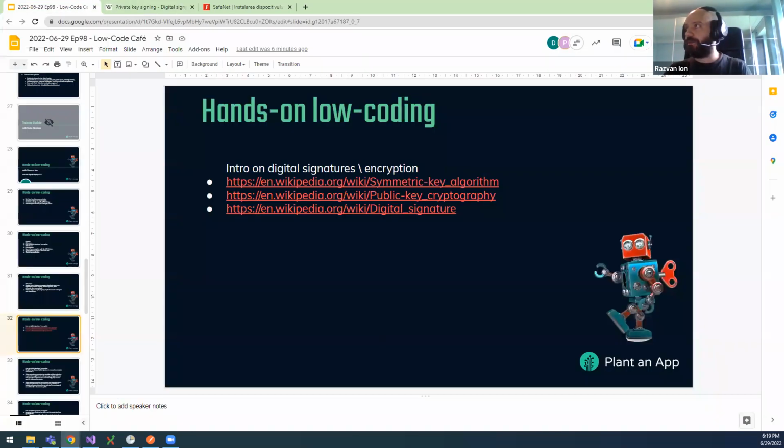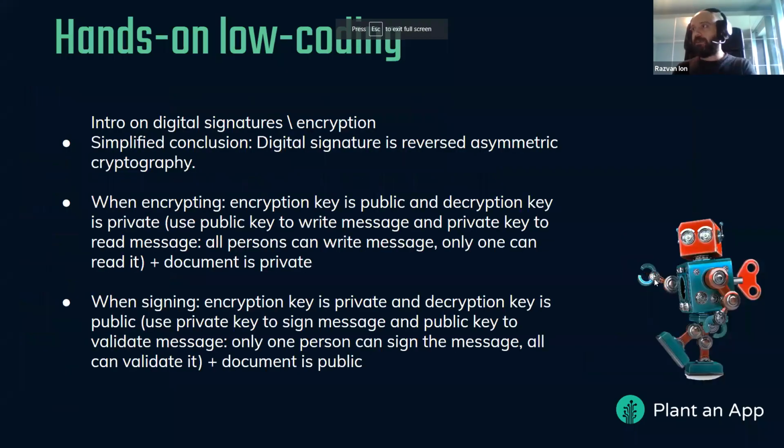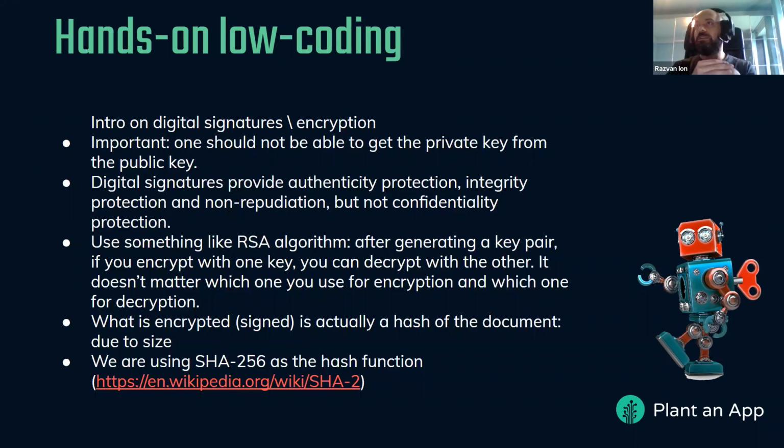If I go back in here and make it full screen again, there are a bit more details. If anyone wants to read more about this part, you can probably get a little bit of a simplified explanation of this stuff. What is important to know is that, as I mentioned before, there is a private and a public key.